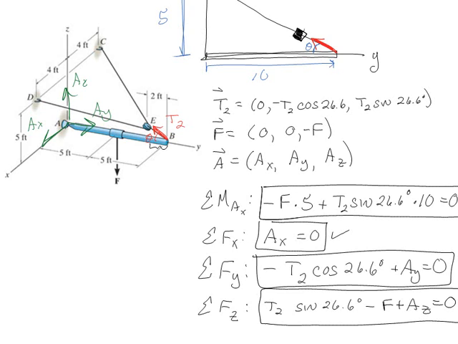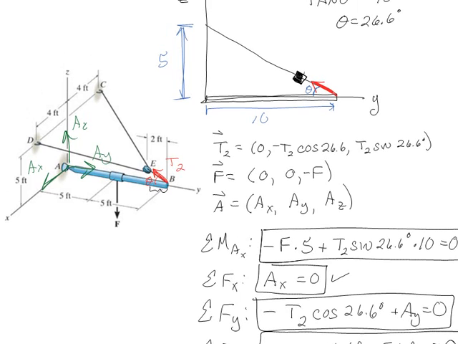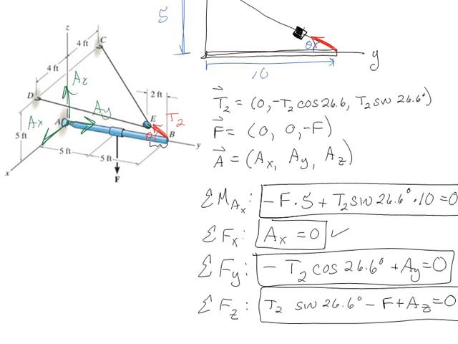Okay. So now I have to deal with the geometry of what's going on with the other two, with the pulley relating T1 to T2.